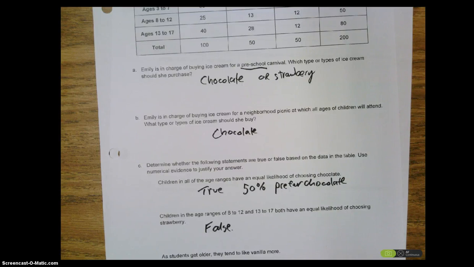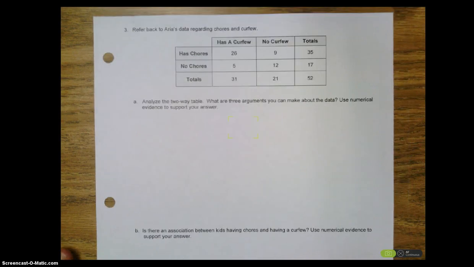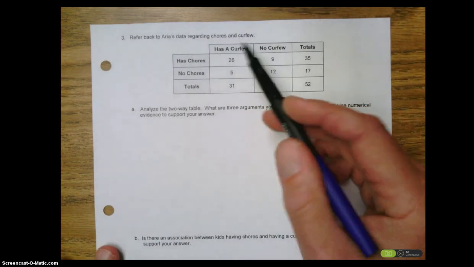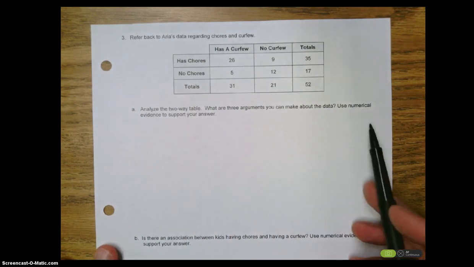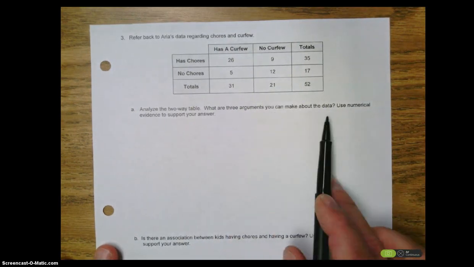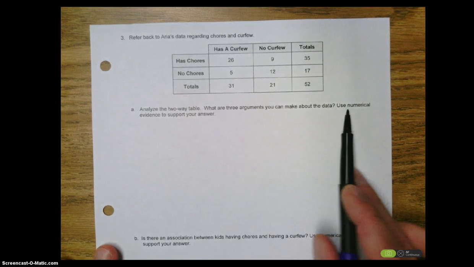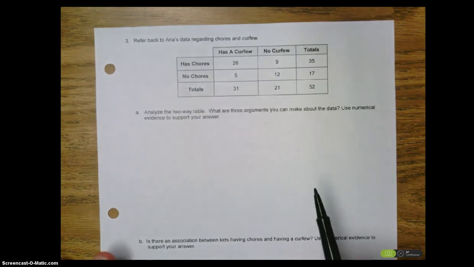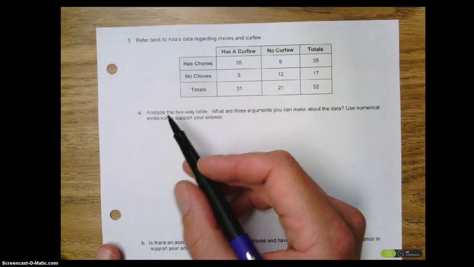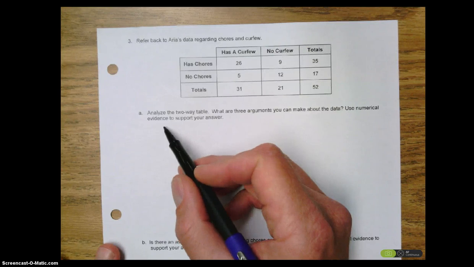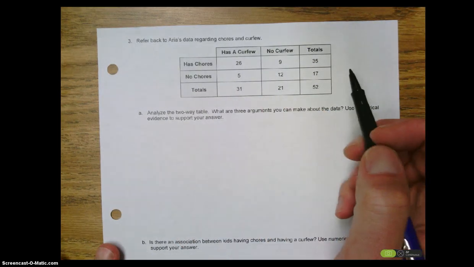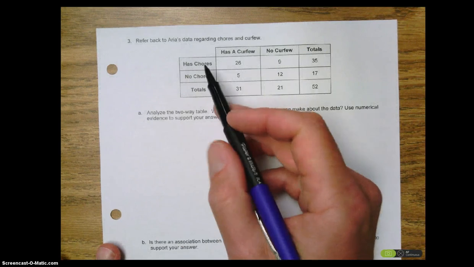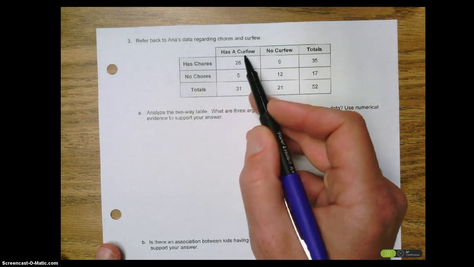Okay, finally, last page. Now we're back to the same data with the curfew and chores, and it's asking us to analyze this table and make some arguments. What we're going to do is use just the numbers out of here and give us some percents. Let's just do a chart of pretty much everything we see here. Let's start with has chores and has a curfew out of the total number of kids.